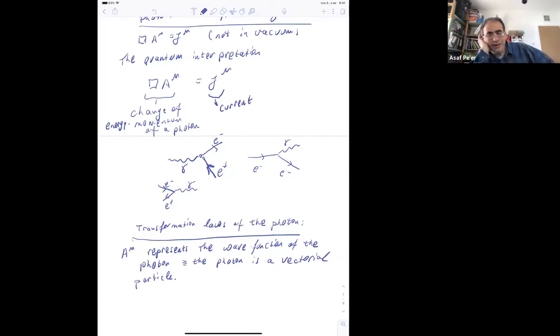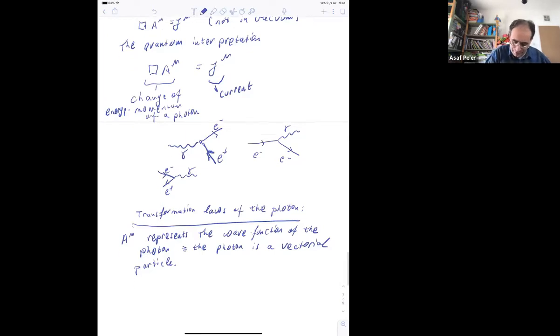So mathematically, that means that under a Lorentz transformation, it will transform like a vector. A term that you might have heard in the literature says that the photon is a four-dimensional representation of a Lorentz transformation.